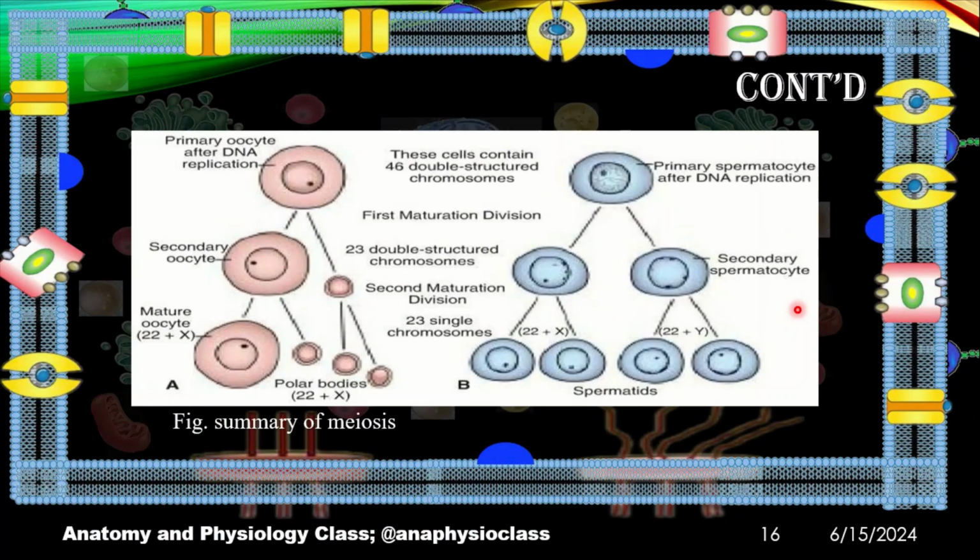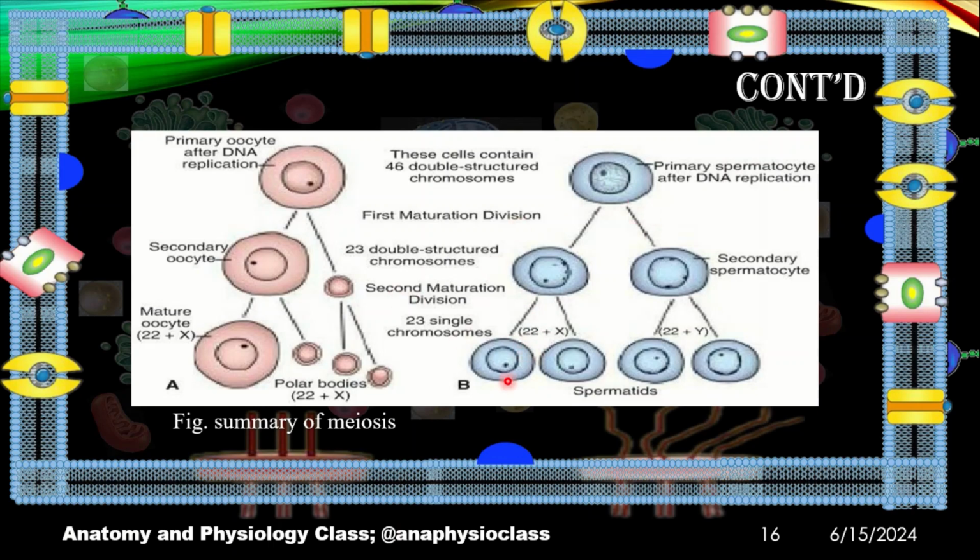So this is just a simple summary of what happens in meiosis, where the primary or parent cell is divided into two cells with a diploid number of chromosomes. Then each of the 2 cells is further divided into 2 cells with a haploid number of chromosomes.